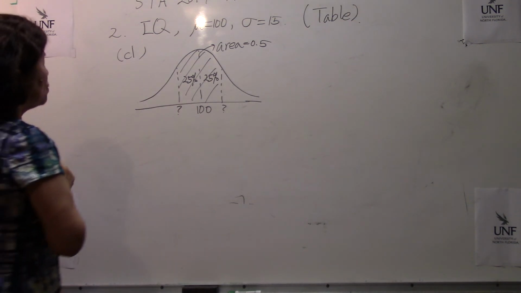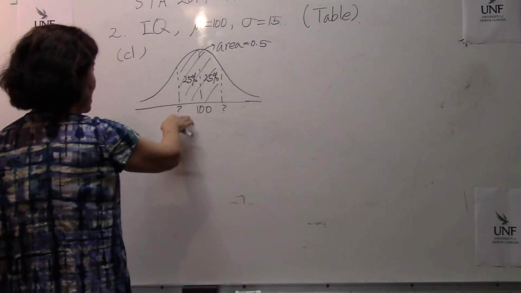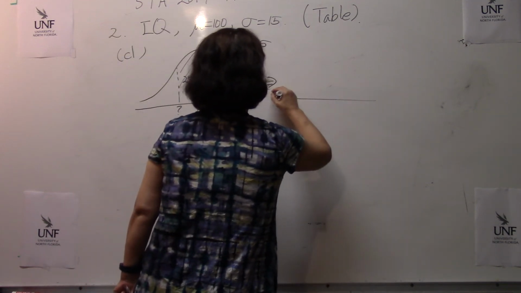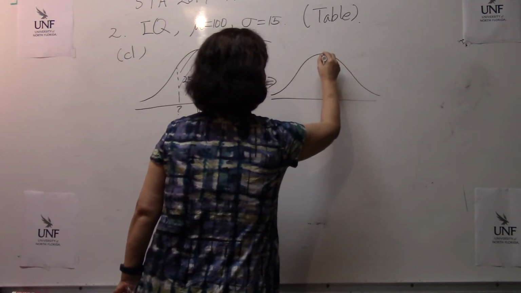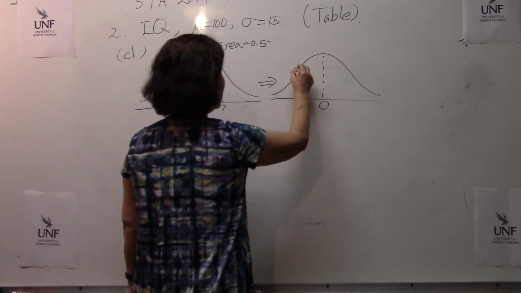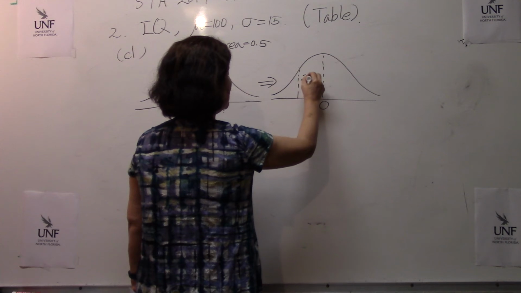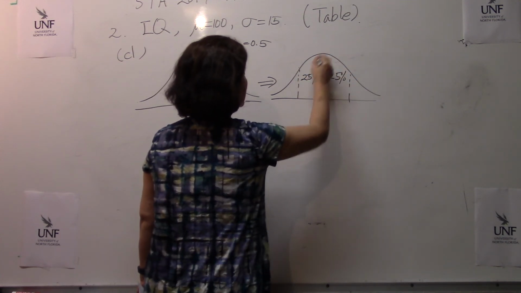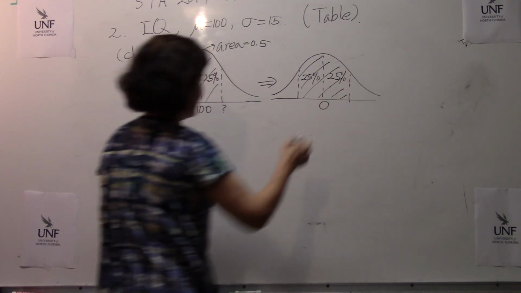Okay, so what do we need to do? Well, again, in order to use a table, we are going to switch to standard z-score. So this is 0, but again, the area is the same thing, 25%, 25% over here, and this is the area we are given.